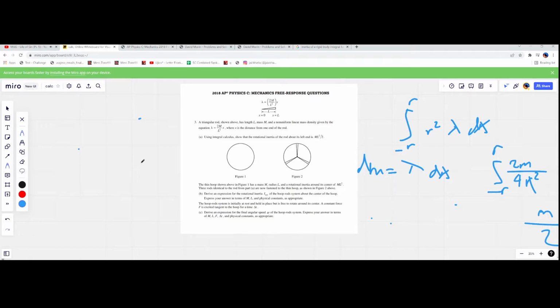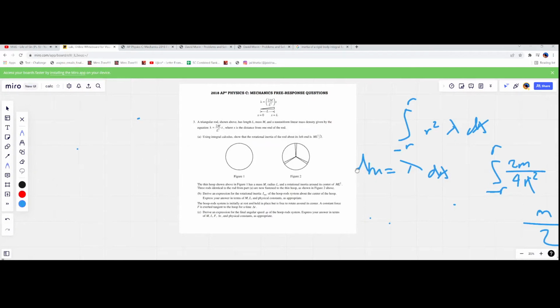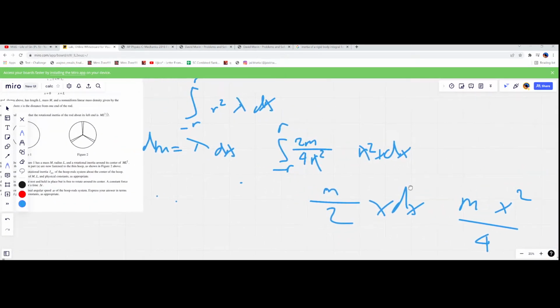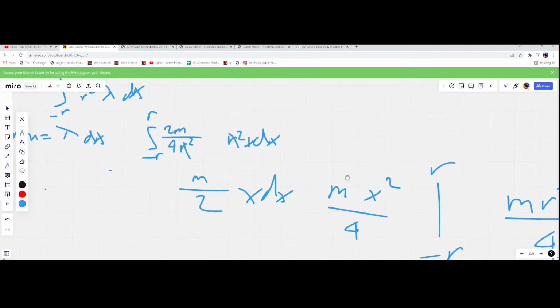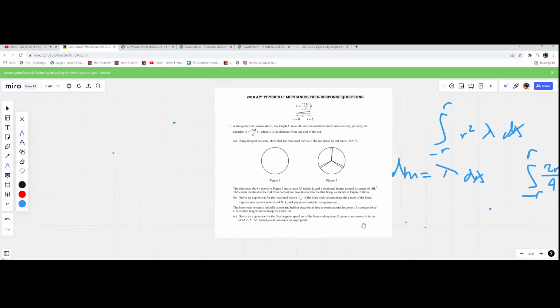Wait, am I trolling? Do you not just add them? Oh, also, I realized there's a much easier way to do this integral. You can just evaluate it from 0 to L, and then it just comes to ml squared over 2. Okay, whatever. Ignore.